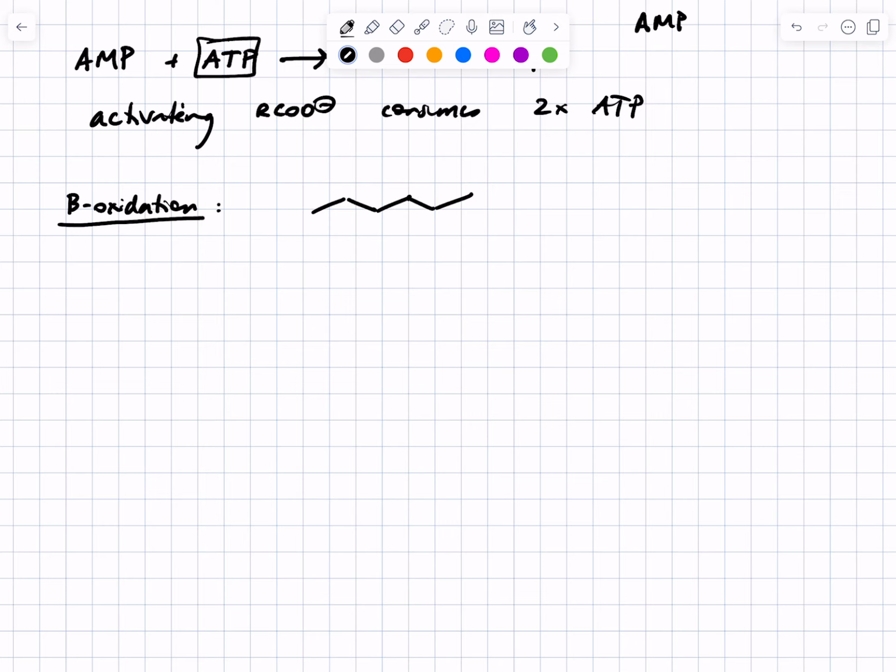You will see that if I have a 16 carbon fatty acyl-CoA, we're going to go through this process of fatty acid beta oxidation 1, 2, 3, 4, 5, 6, 7 times.